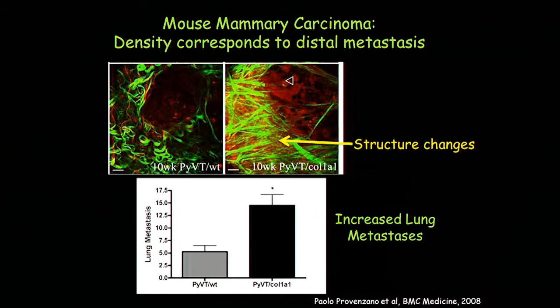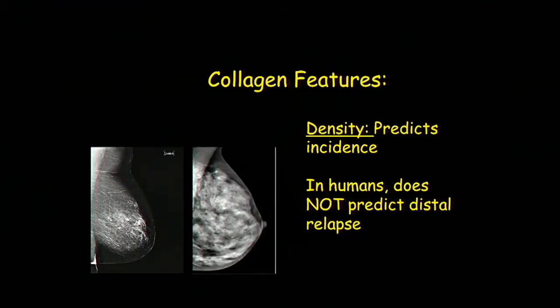Now, what's interesting here is this looks like a big structural change as well as a change in the amount of collagen. So from there, we backed up and started thinking about, well, what's the structure of collagen? One of the things that has been very confounding in the mammographic density field is that there are a lot of studies, and they're conflicting, about whether density predicts long-term outcome in humans.